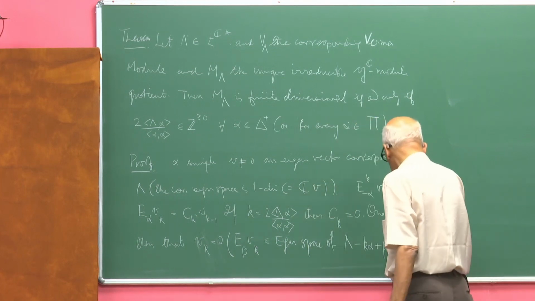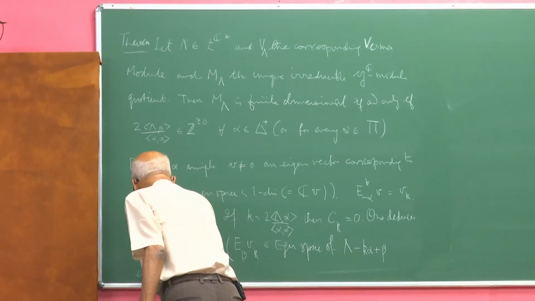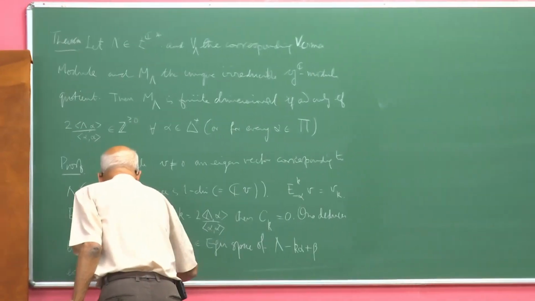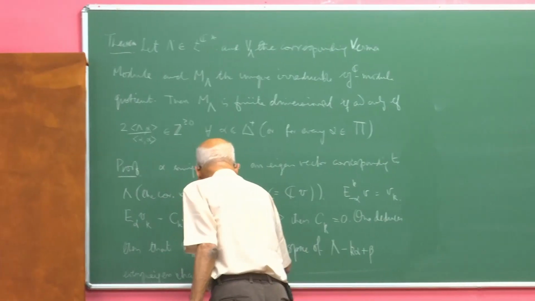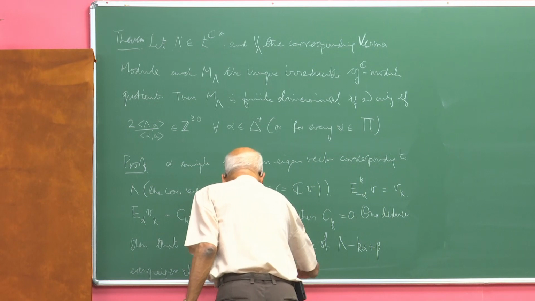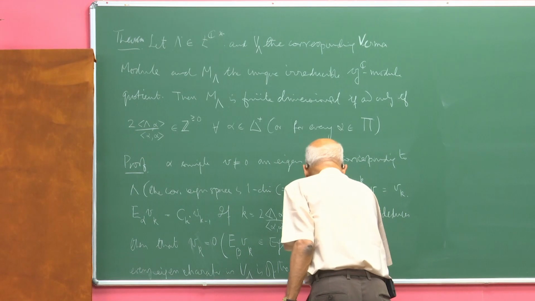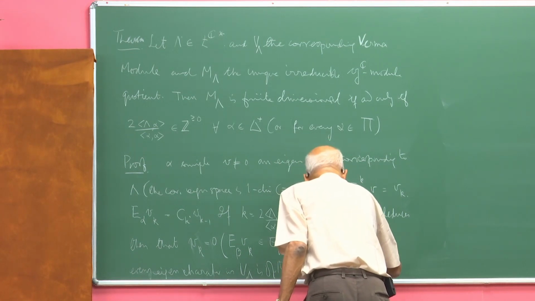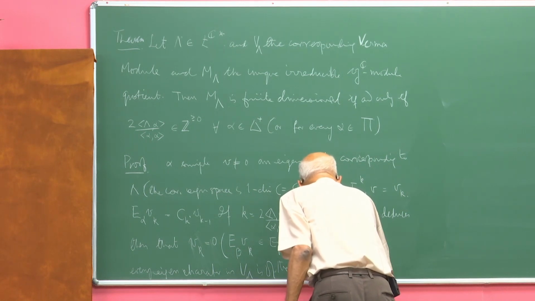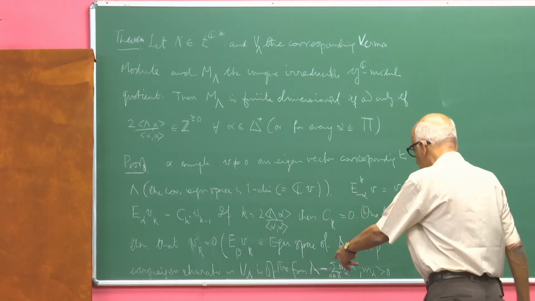But this is not of the form, but every eigen character or weight, as we call it, in V(λ) is of the form λ minus Σ m_α α, with α in π and m_α greater than 0. So, everything is of the form λ minus.